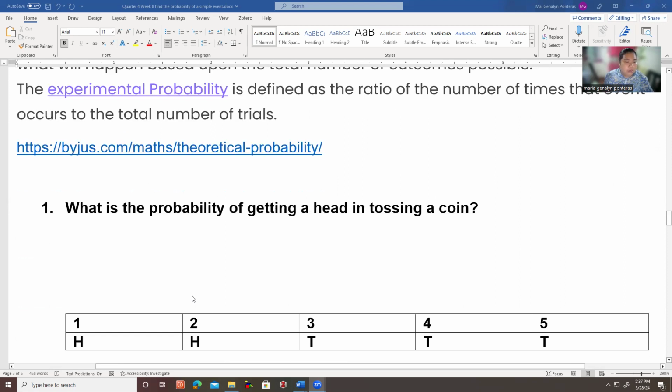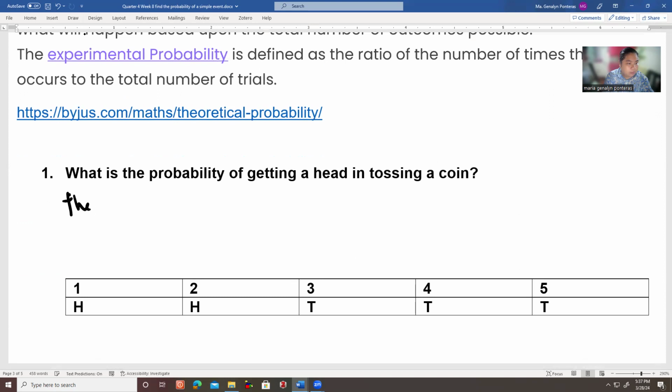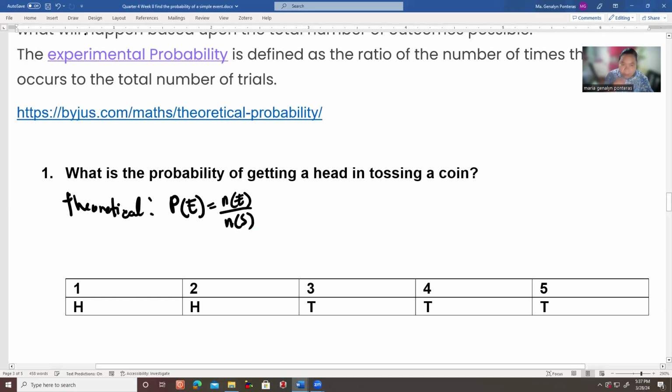What is the probability of getting a head in tossing a coin? In theoretical probability, P of E is equal to cardinality of event over cardinality of sample space.